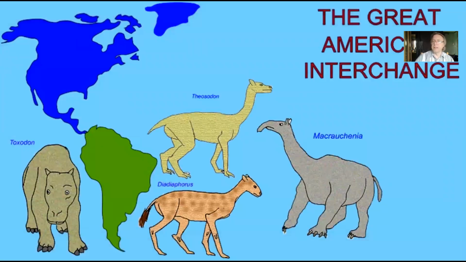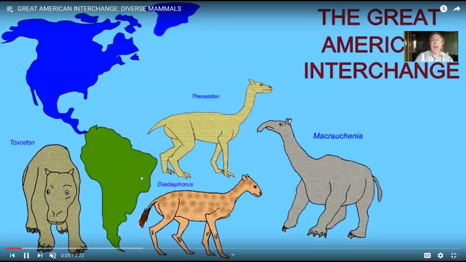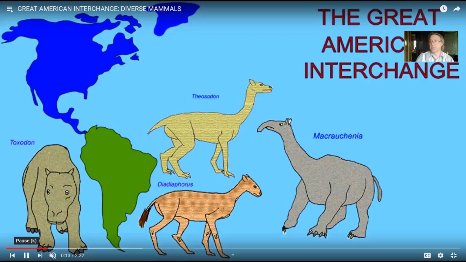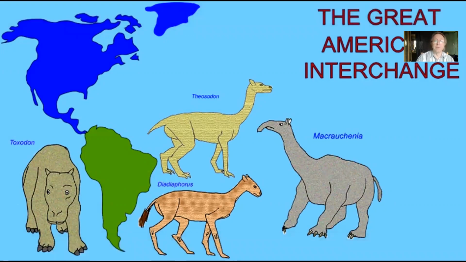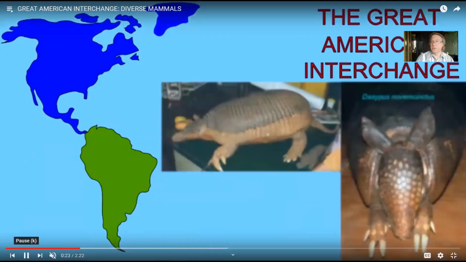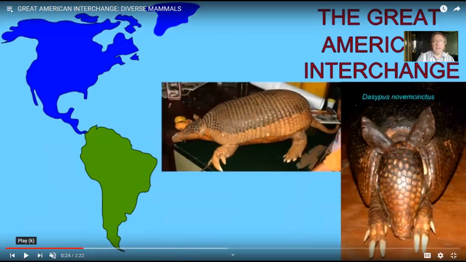And now let me address a few other animal groups. As mammals adapted to being herbivores, prior to the extinction of the dinosaurs, dinosaurs were the major herbivores on Earth. Mammals were not. There was a group of herbivores which evolved in South America, which were only distantly related to the herbivores elsewhere.